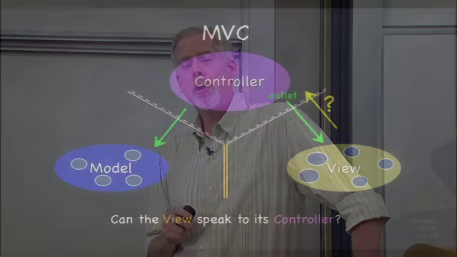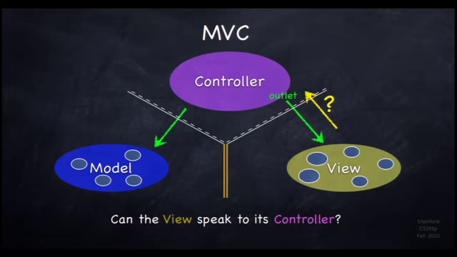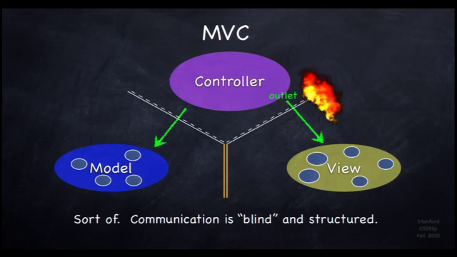How about the view speaking to the controller? Can the view send messages to the controller? You might think, sure, the view needs to talk to the guy who's controlling the whole UI experience. But the answer there is sort of. You do not want generic objects in the view, like a button or a slider, which might also be written by someone else like Apple, to be importing the header file of your controller.